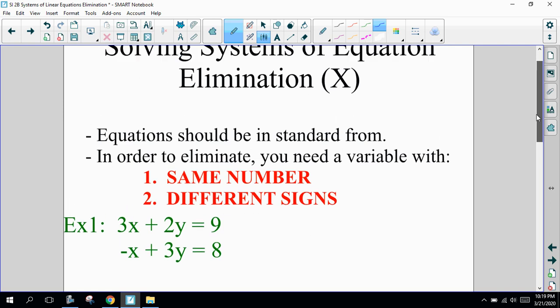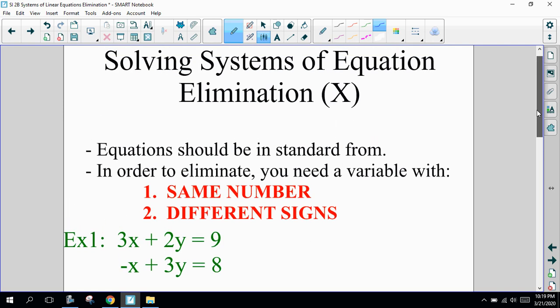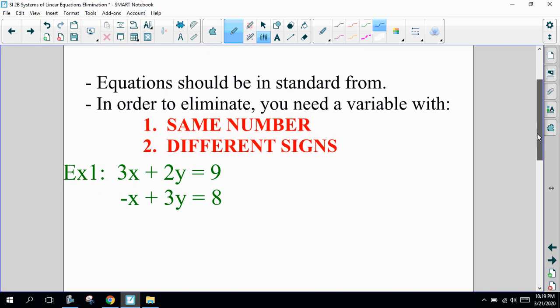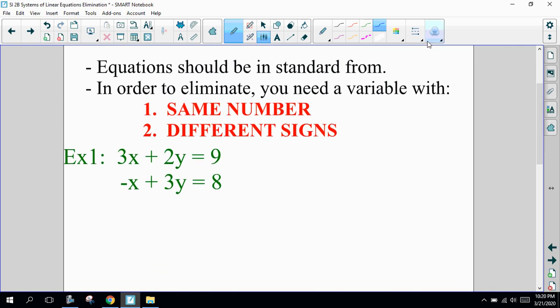All right, as we get into today's lessons, we're going to talk about solving a system of equations with elimination. And we're going to talk about the idea that we have to multiply in order to get the same number or same coefficient in front of one of our variables so that it will eliminate. When you're solving a system of equations with elimination, it's easiest to do if both equations are in standard form.